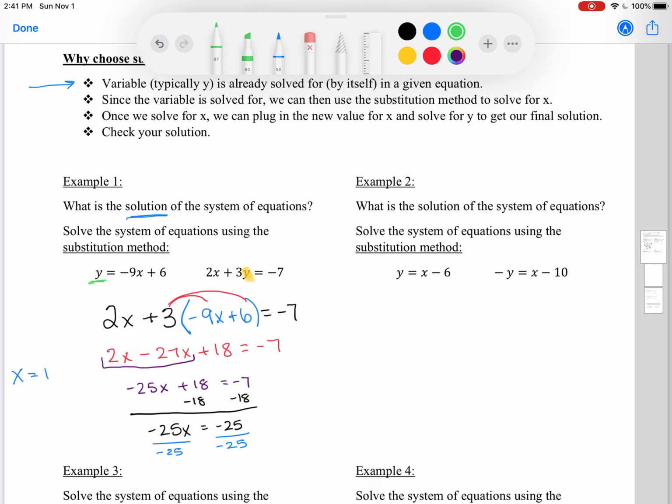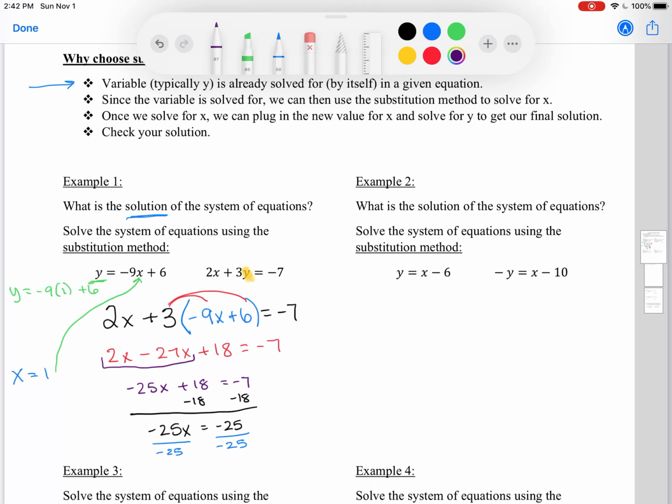I can look back at this original function, either one, honestly, either one, but this one already has y by itself, so I'm going to go back to that function with y already all by itself because that's the variable I'm missing. And if I just plug in and resubstitute my x, much like you guys did with your h charts, I can figure out what my y value is going to be.